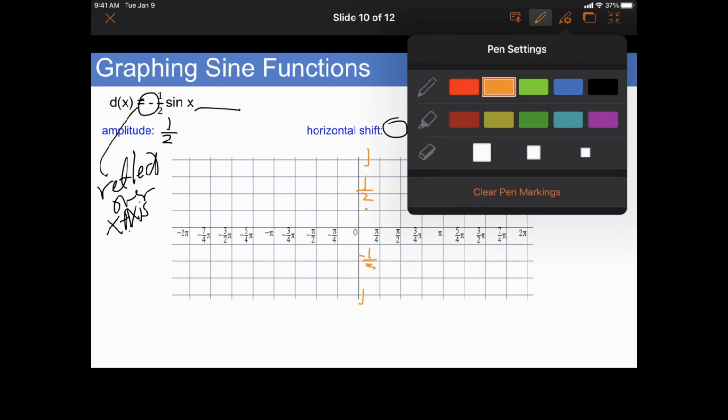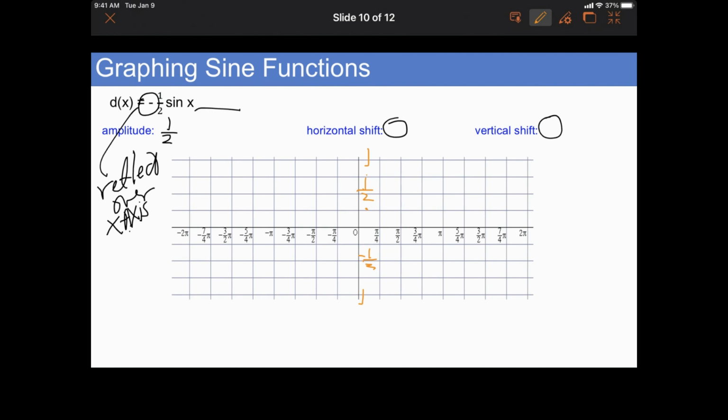So my parent graph at 1, because now I stretched it out. And because this is a really new graph for many of you, yes, I do want you to do the parent graph.